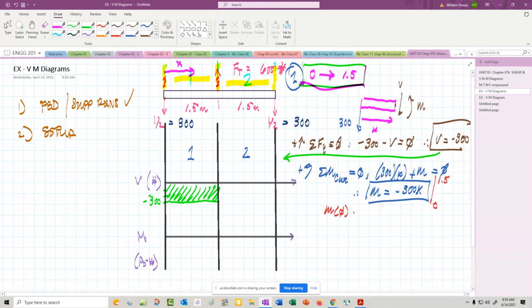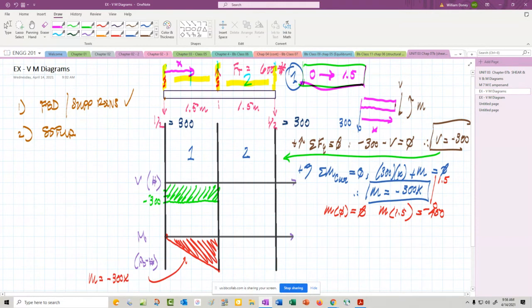So the moment at 0 is going to equal 0. Pretty easy. The moment at 1.5 is going to equal 450. And it is a minus, so it's going to go down here to minus 450. There's how my bending moment is changing. That would be right there. M equals minus 300x is the function.